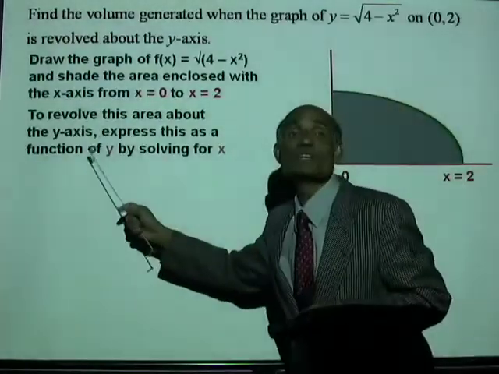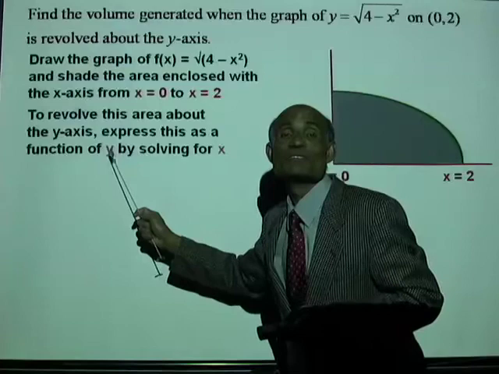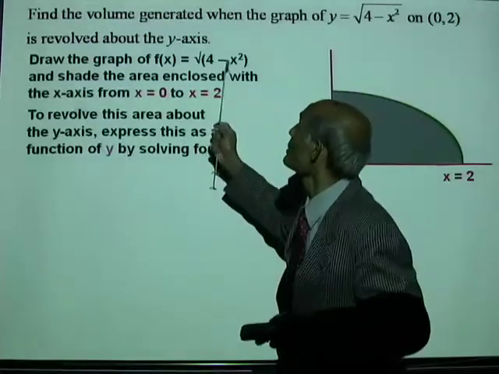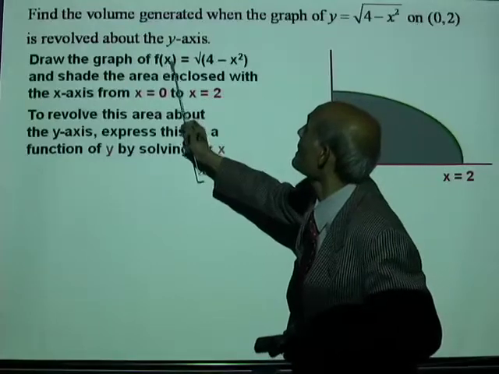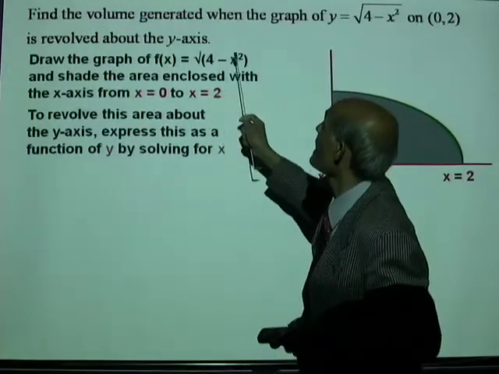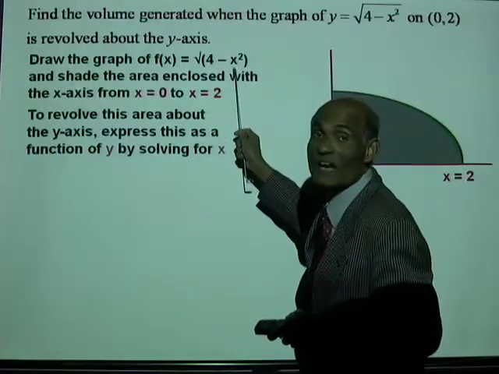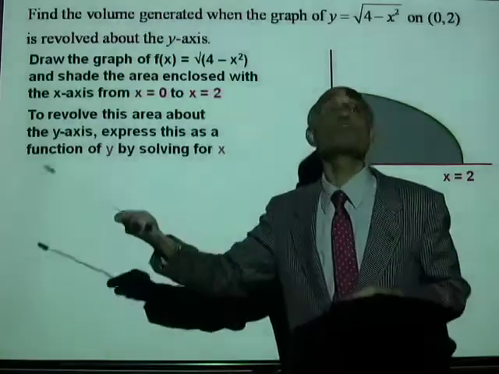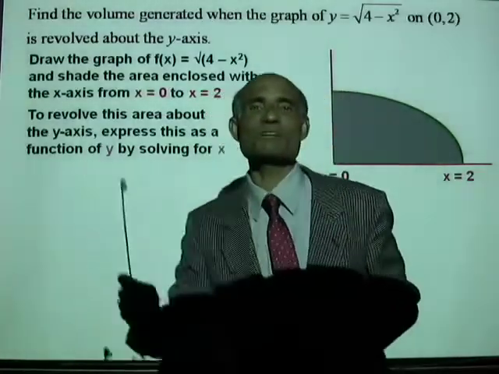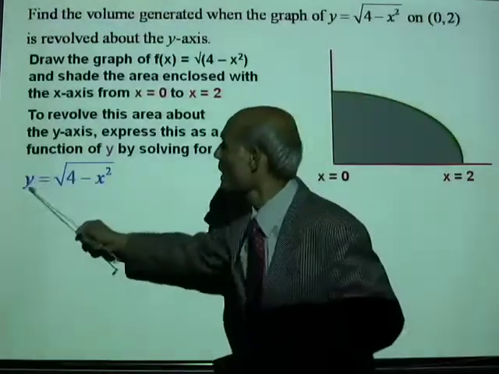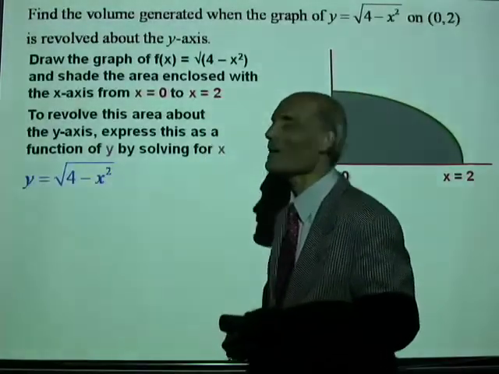Now this is y equal to square root 4 minus x squared. Take that function and solve it for x so that you can write it as x equal to something. Y equal to square root 4 minus x squared.